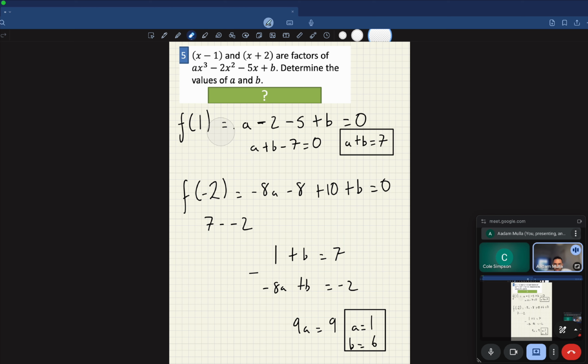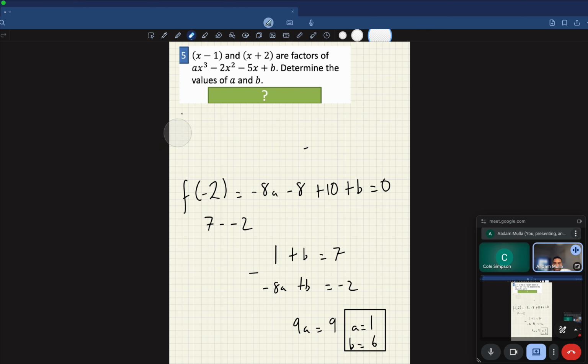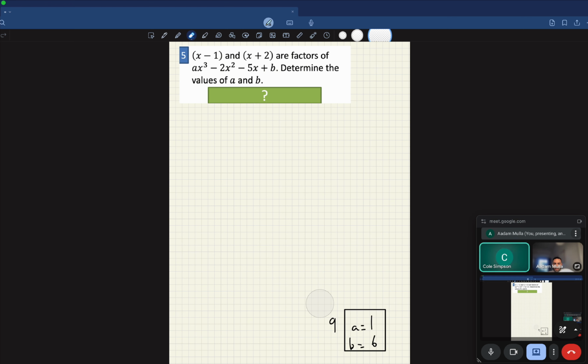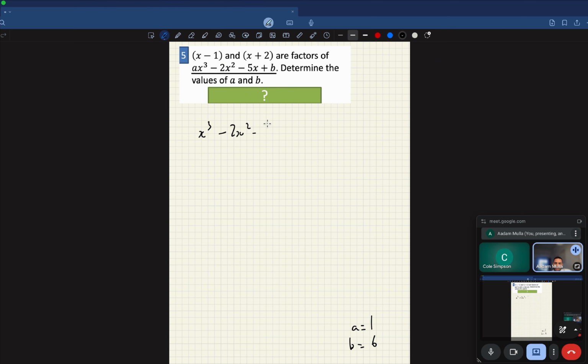I haven't showed you it. I'm just seeing how you're thinking. I'm not sure. Okay. Because we know A and B, if I rewrite this out with A and B, so A is 1, so that's nice, x cubed minus 2x squared minus 5x, and B is 6, I could use this, and if I substitute 1 into here, I should get 0, and if I substitute -2 into here, I should get 0.